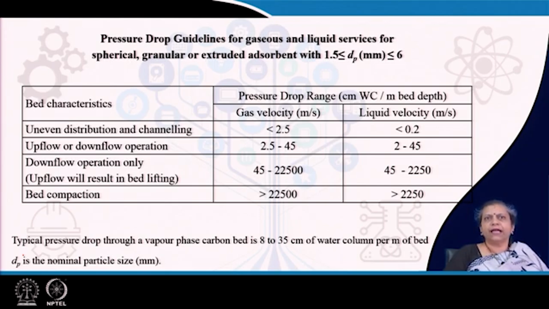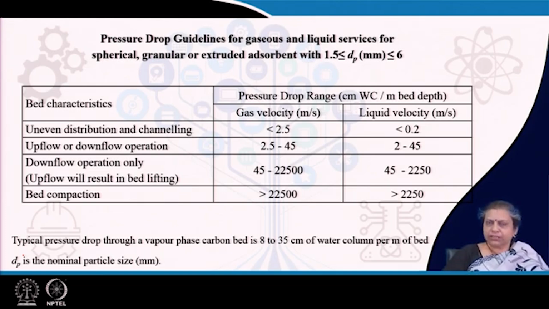And we find that typically when the vapor phase is flowing through a carbon bed, and adsorption is going on, the pressure drop typically lies between 8 to 35 centimeters of water column per meter of bed. I have also listed the pressure drop range as a function of the fluid velocity, under which we can have uneven distribution, and where both upflow and downflow are possible.